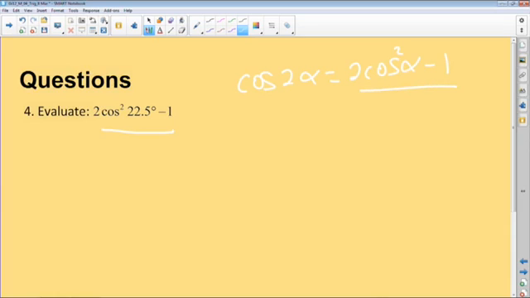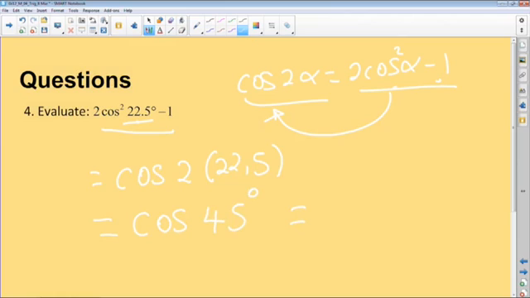So I can go backwards using my identity and say, well, 2 cos squared alpha minus 1 is the same as cos of 2 times alpha. So 2 cos squared 22,5 degrees minus 1, I can rewrite as cos of 2 times the angle 22,5, and cos of 2 times 22,5 is cos of 45 degrees.